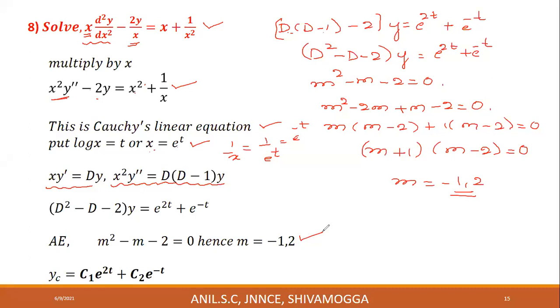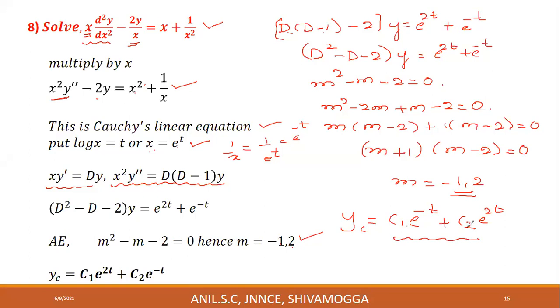Now write complementary solution. M is equal to minus 1 and 2, both the roots are real and non-repeated. Rule number 1 is applicable. Therefore, yc is equal to c1 into e power mt, m is minus 1, so e power minus t, plus c2 into e power mt, that is e power 2t.